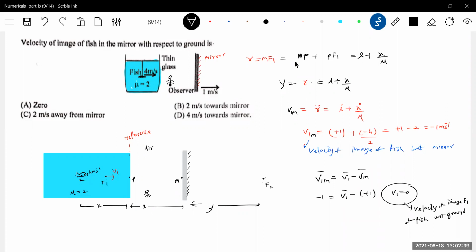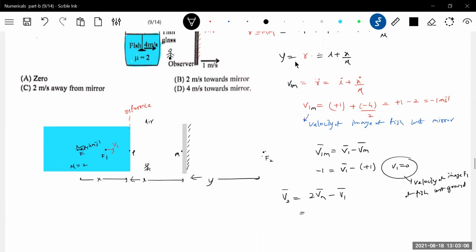Now it will form its image. Now we have to calculate this F2. The person will see this one. V2 should be equal to 2Vm minus V1.